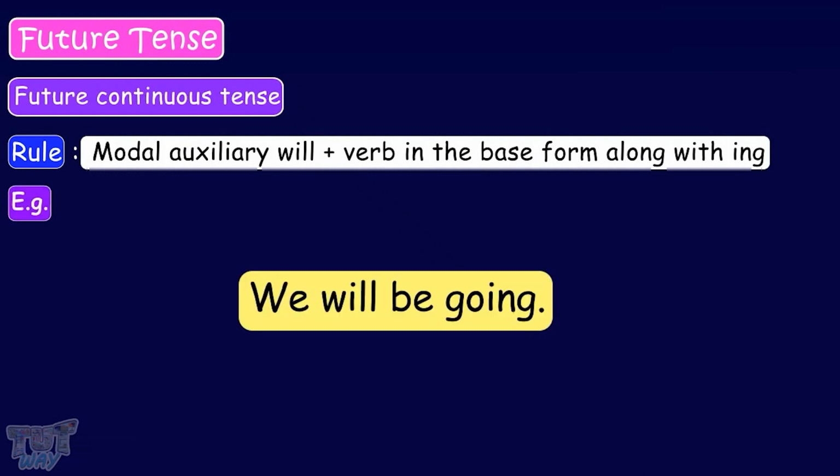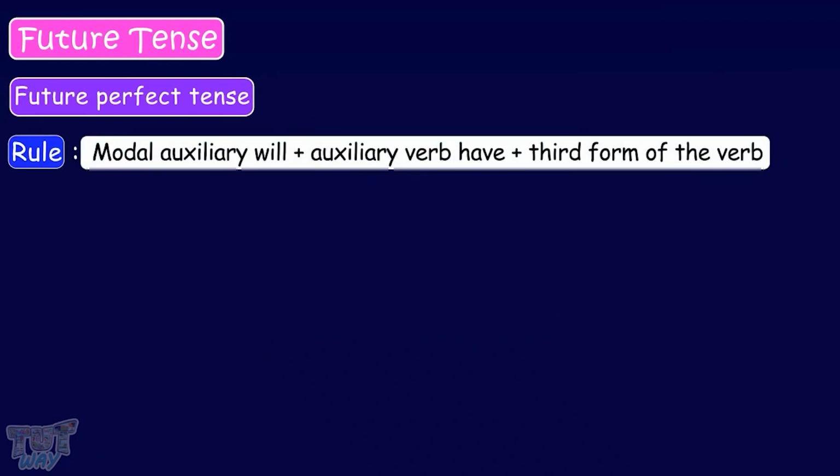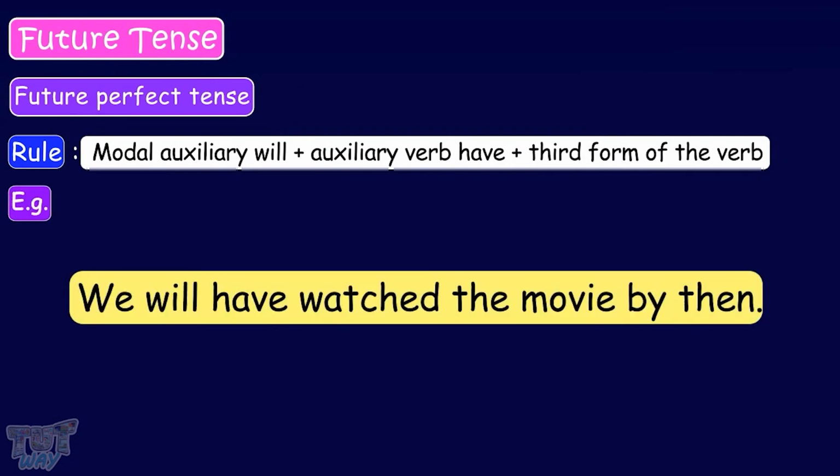For example, we will be going. For future perfect tense, we use modal auxiliary will, auxiliary verb have, and the third form of the verb. For example, we will have watched the movie by then.